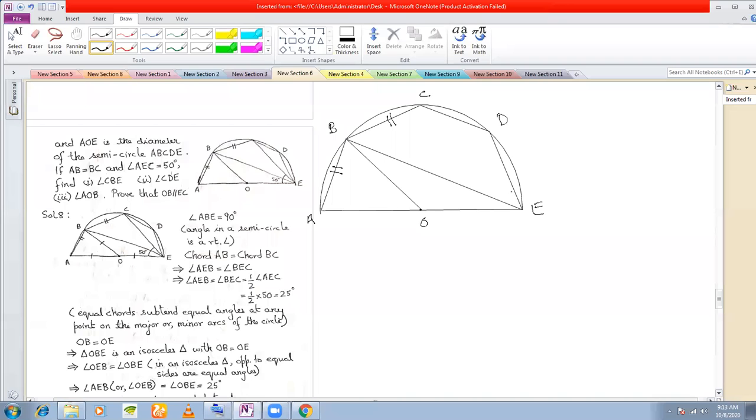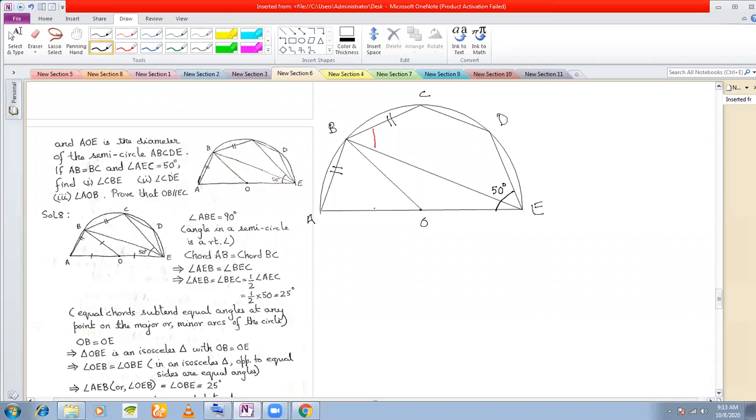And this angle is given to you as 50 degrees. It is given that this is a semicircle, so AE becomes the diameter. You have to find angle CBE. Let's mark in red what we have to find: CBE, this angle.